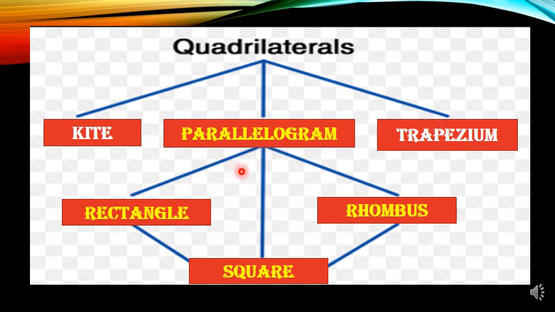Parallelogram is further classified into three more types, that is rectangle, square and rhombus. You have one more type here, that is isosceles trapezium, which is a classification of trapezium. You will learn that also. But in detail you are going to learn about parallelogram. We shall start with parallelogram now.